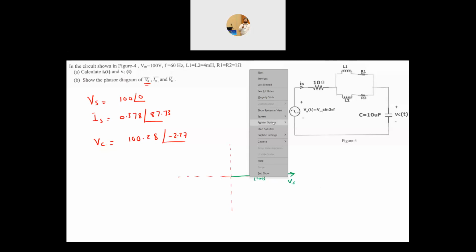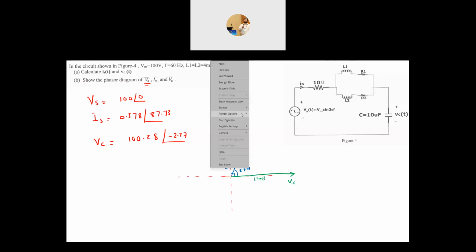Then we need to find IS. Your IS basically is a vector with a small magnitude. Now this is 90, so this will be a little bit less than 90, and small. So this is something like this. Angle of 87.73, and the magnitude is 0.378. This is the vector. Finally, we want to find basically our VC.